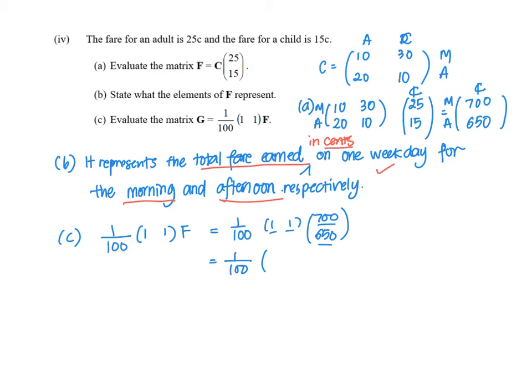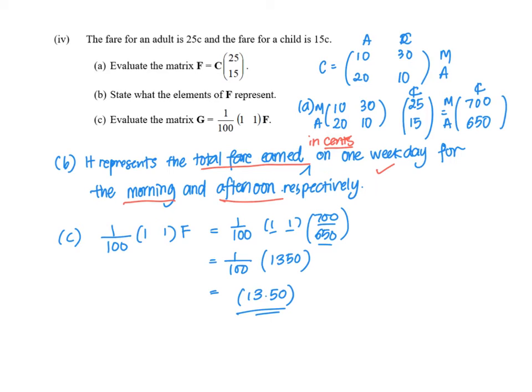So 700 plus 650 is actually the total amount of fare that you got from one weekday. But this was originally in cents. Now I'm multiplying it by 1 over 100. That means instead of cents, I'm changing this amount to dollars. So I'll get my answer to be 13.50. So what does this matrix represent? This matrix actually represents the total cost of fare in dollars collected in one weekday.